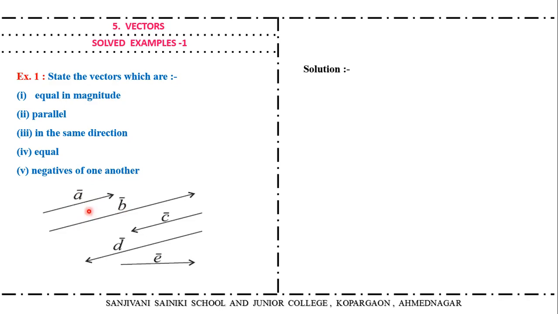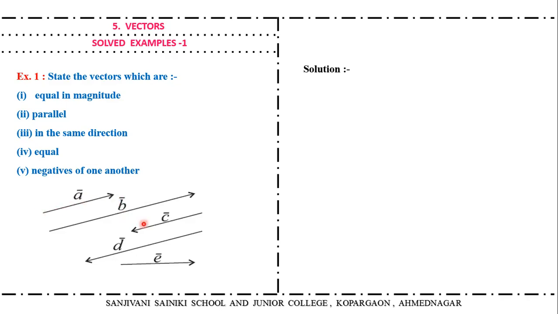Now look at these figures. A bar and C bar have the same length, so their magnitude is the same. Now let us think of their direction.